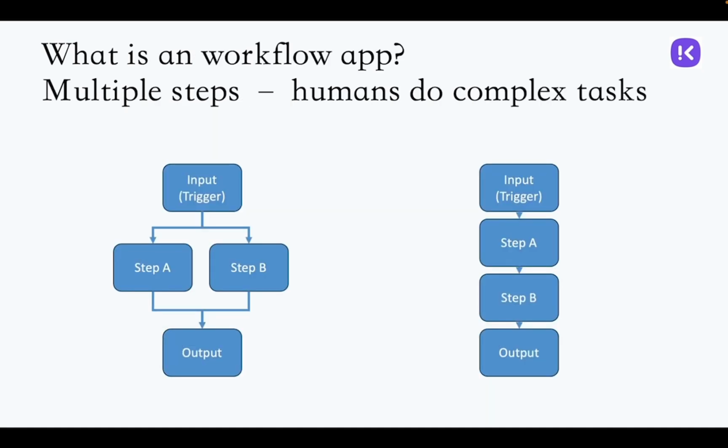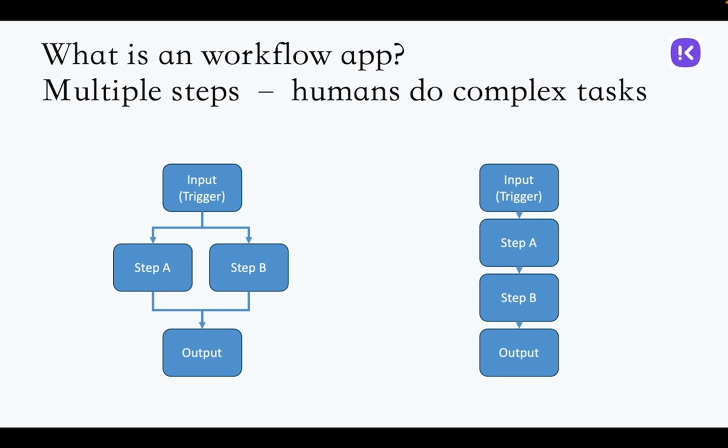Before we start to illustrate how to build an app, here's a brief concept of what a workflow app is. A workflow app involves multiple steps, similar to humans doing complex tasks. If you are doing a simple task, you just give the AI a prompt, like you give a colleague a prompt.